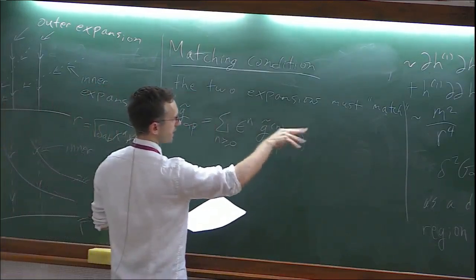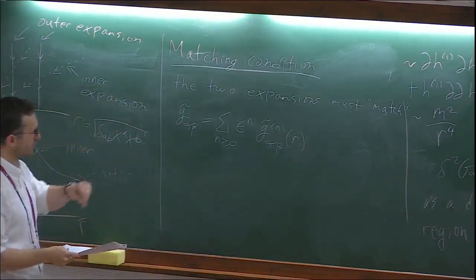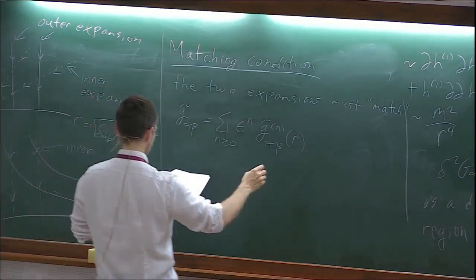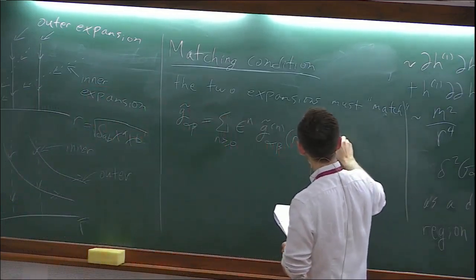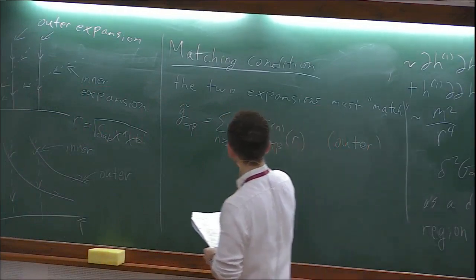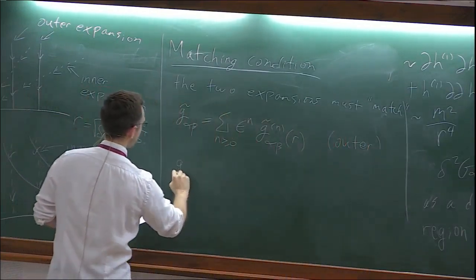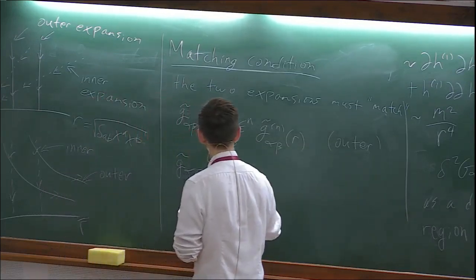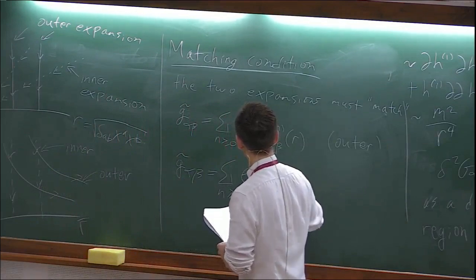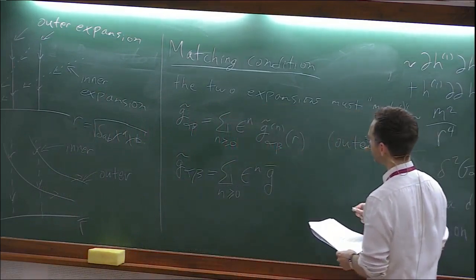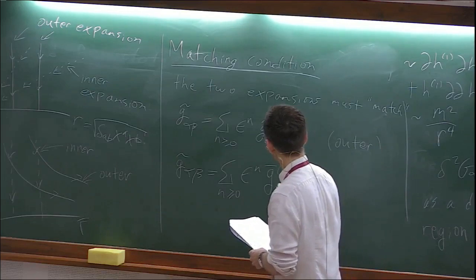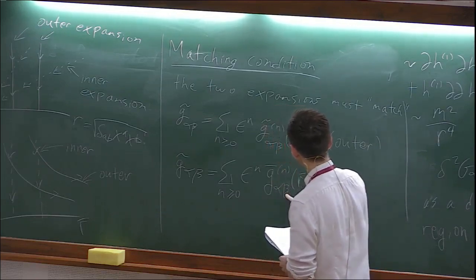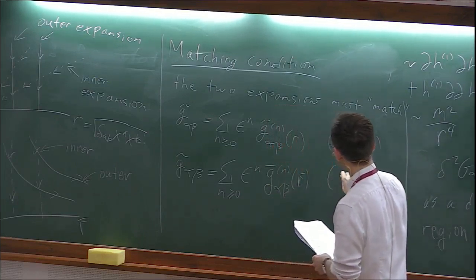So this is also a function of time and angles, but all we care about for the schematic picture here is its dependence on r. So this is the outer expansion. We have powers of epsilon and functions of r. Then the inner expansion, I'm going to put a bar on top of the g rather than a tilde. Each of these coefficients are functions of r bar. This is the inner expansion.